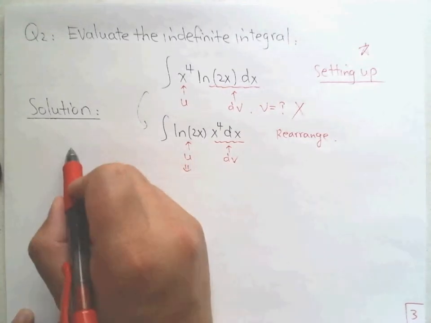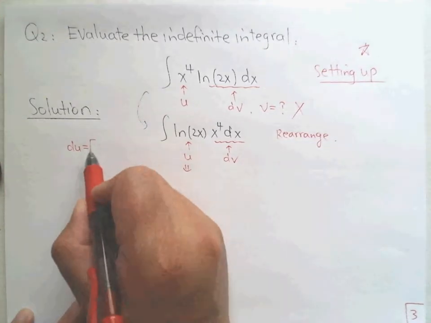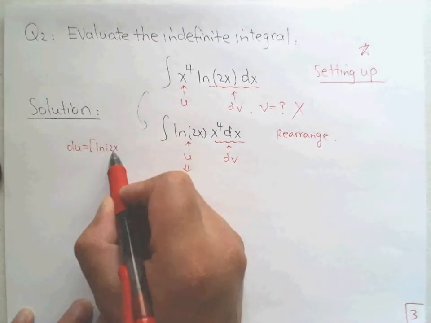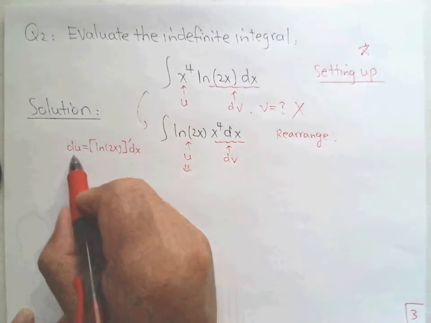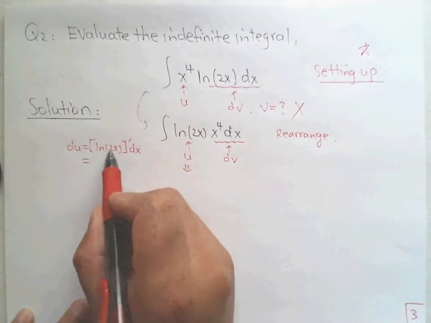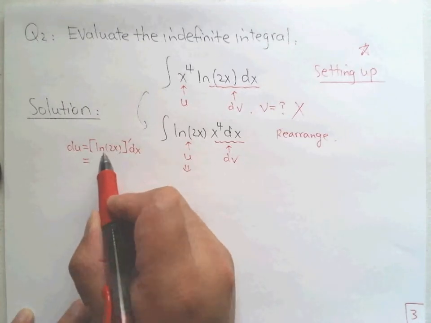So I will now put here what du is. Du is the derivative of ln 2x times dx, right? This is a chain rule, so the inner one is 2x.